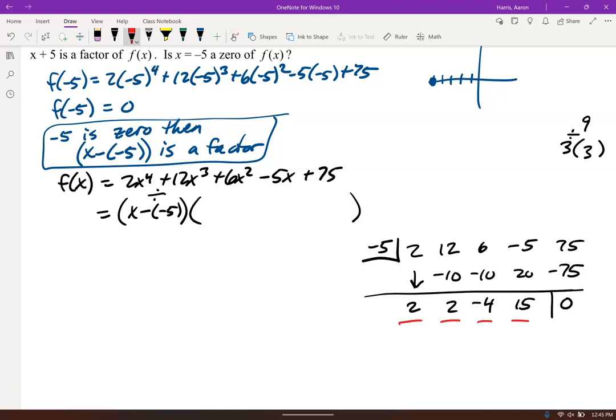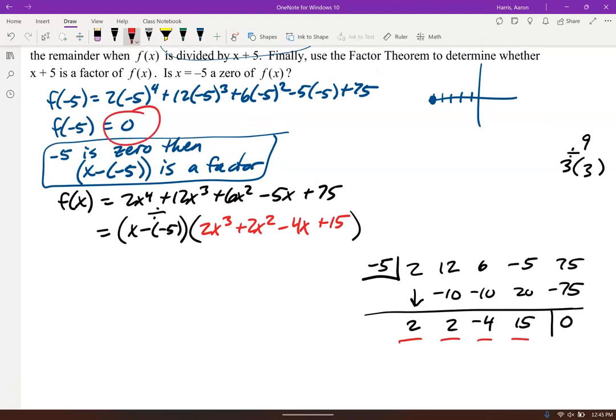So 2x, one degree less: 2x to the third plus 2x squared minus 4x plus 15, right? So again, is -5 a 0? You bet it is, because it had a remainder that was 0, right?